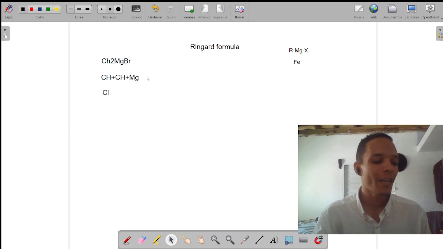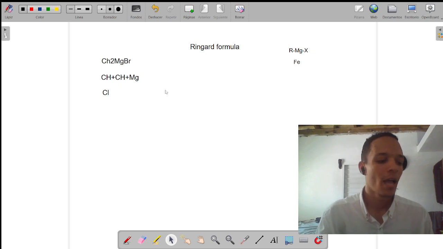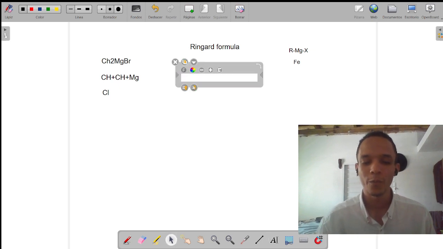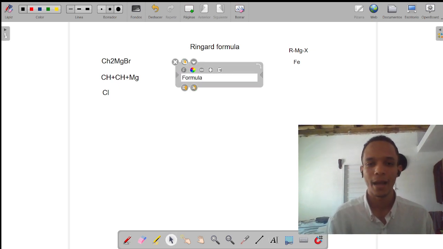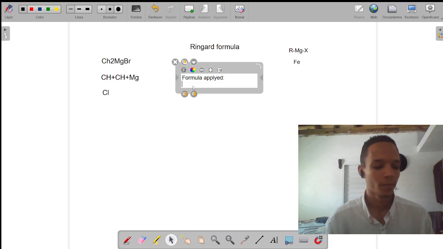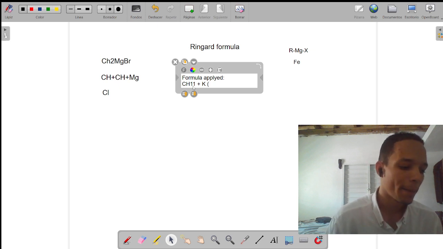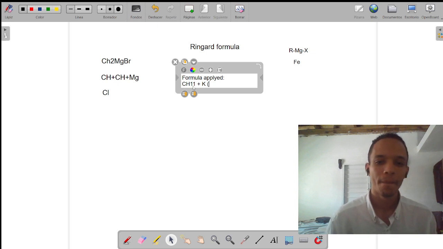Okay, after we got this, let's make the solution of this. We're going to make a representation of the formula applied. CH11 plus K, which is potassium.